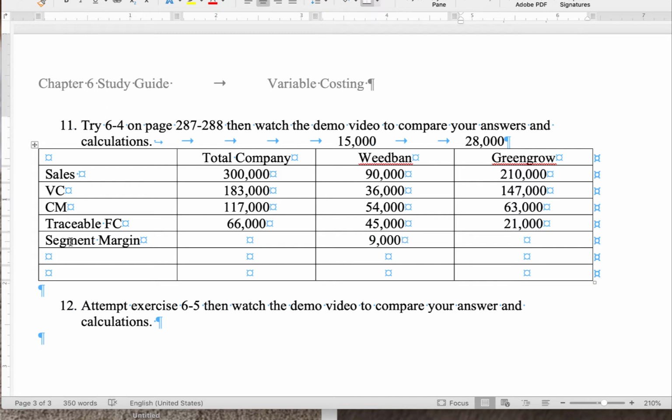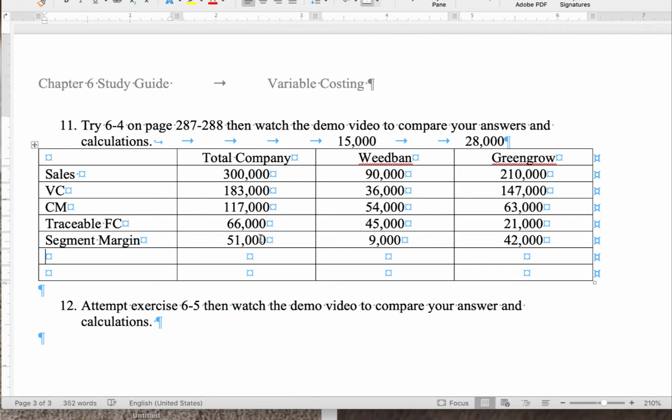What's my segment margin for Green Grow? Well, same thing. Contribution margin of Green Grow is $63,000. I'm going to subtract out the traceable fixed cost of $21,000. I get $42,000. So what's my total segment margin for the company with all my segments? Well, that's easy. $42,000 plus my $9,000, $51,000.